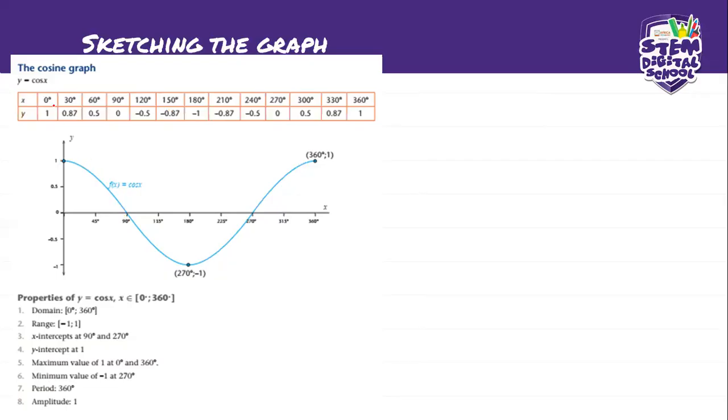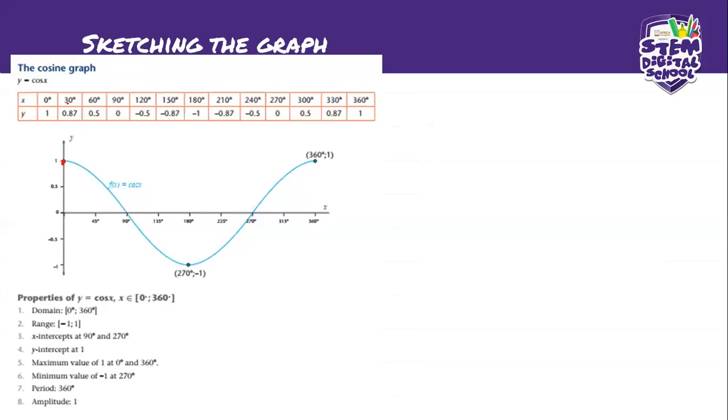For instance, when x is 0 degrees, you take your calculator, you say cos 0 degrees, then the answer is equal to 1. Then you're going to plot that point. Where is the point? Here's the point.